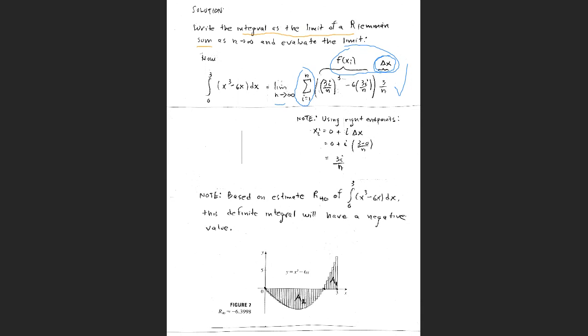Okay, and we worked it out. But to work it out, it required us to compute the limit of this Riemann sum. And to actually compute it, we went through the steps and in the end had to use expressions that are in the book in section 5.2 for the sum of i equals 1 to n of i cubed and the sum of i equals 1 to n of i.